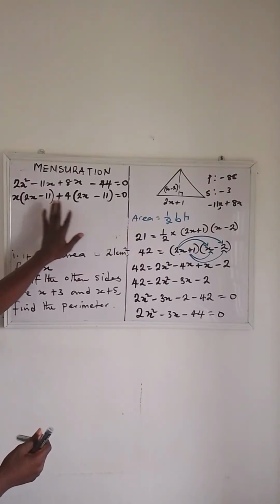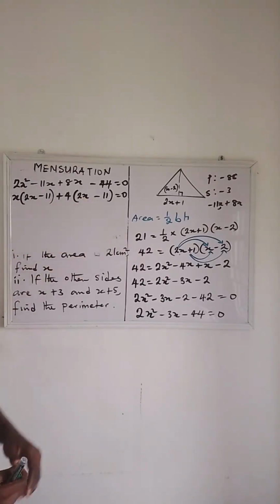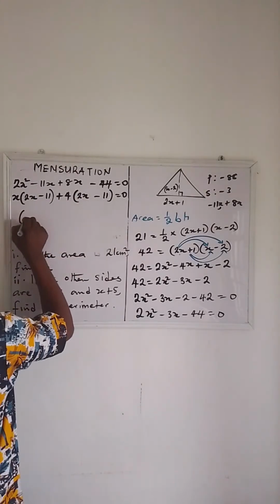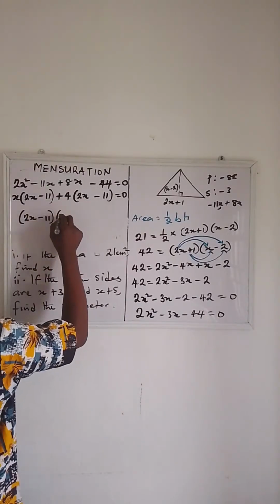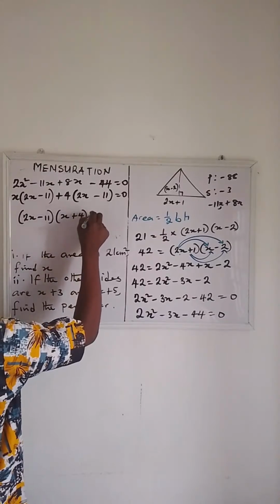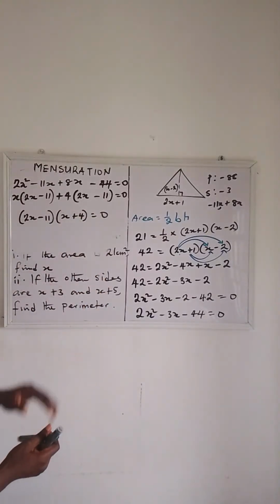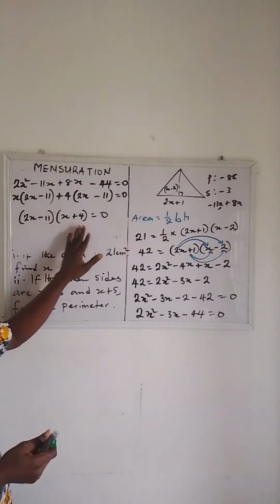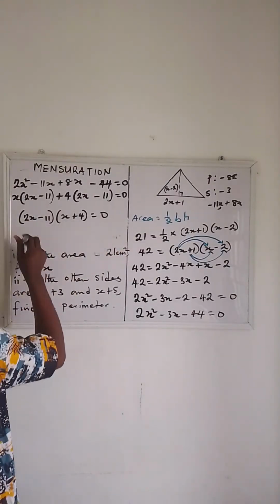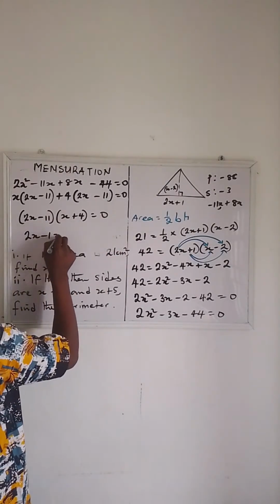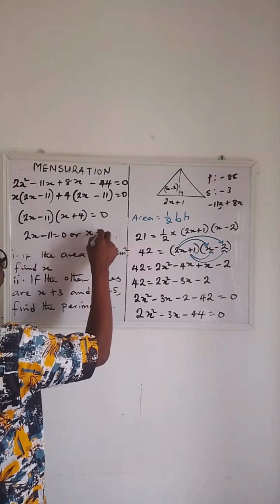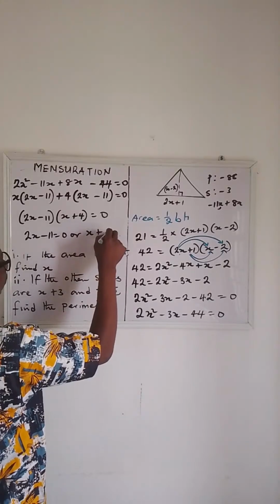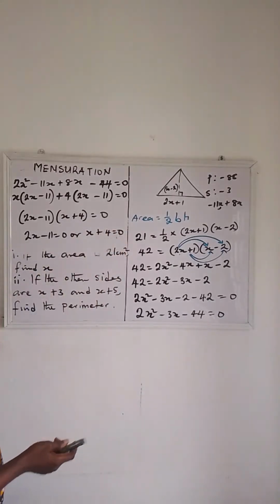So then you can go ahead and factor out 2x minus 11. So you have 2x minus 11, and you bring this one out, x plus 4 equals 0. So we now have two entities multiplying each other to give 0. So it's either 2x minus 11 equals 0, or x plus 4 equals 0.